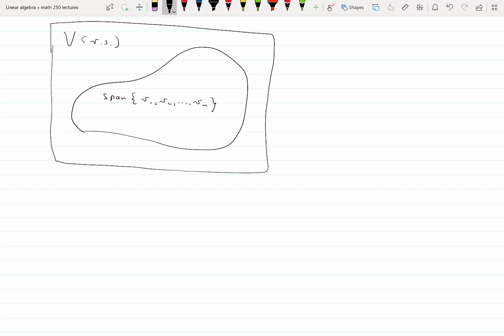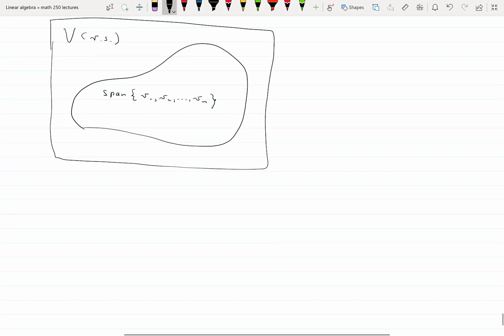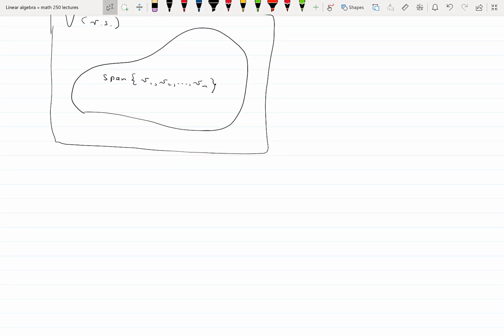Now, I want to look at the possibility of having the word span as a verb. And here's what I'm talking about.